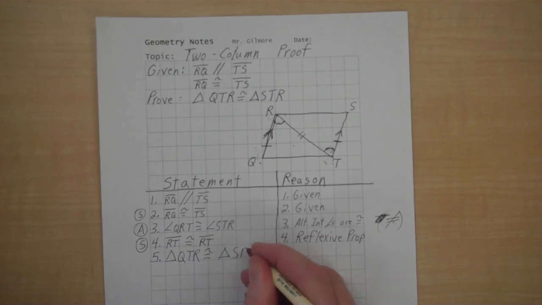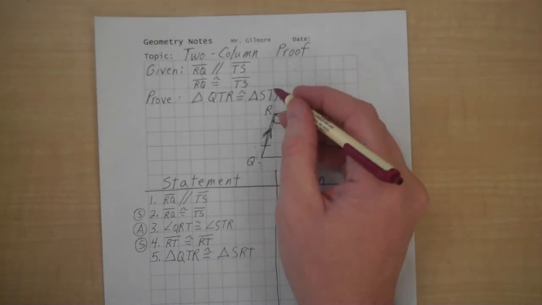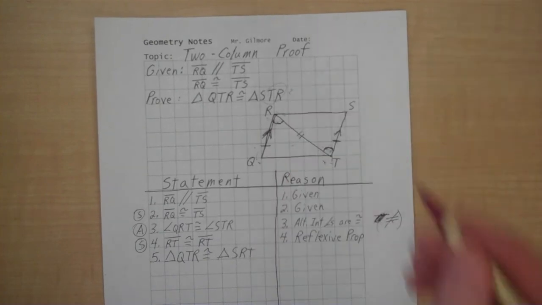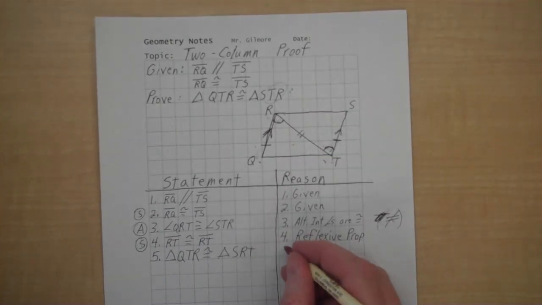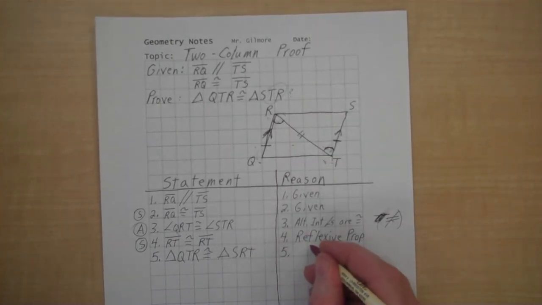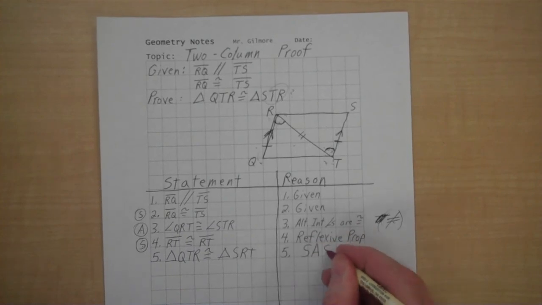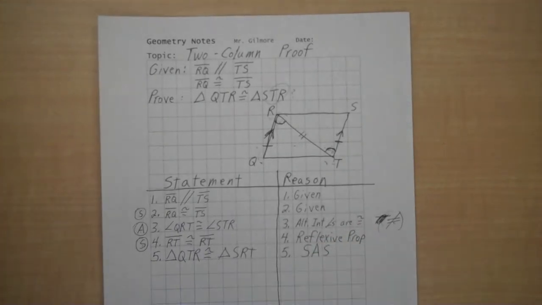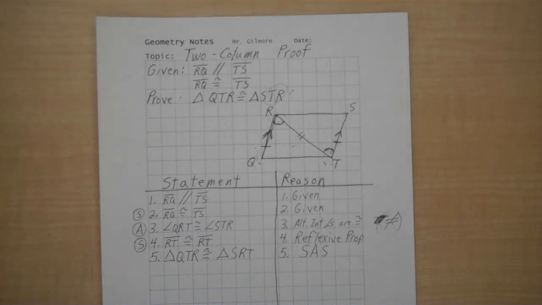I'm going to write SRT because I like that order better. I'm a little questioning that. And the reason is the side angle side postulate that we just learned. Alright, we are going to continue doing these, but this is all I have for you for now.